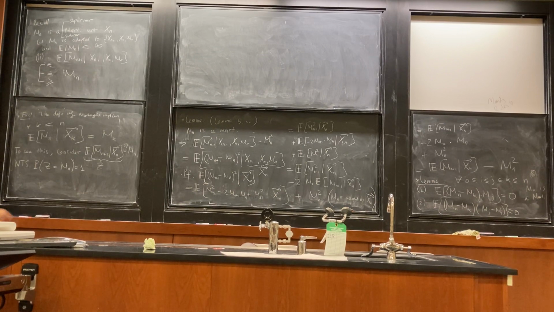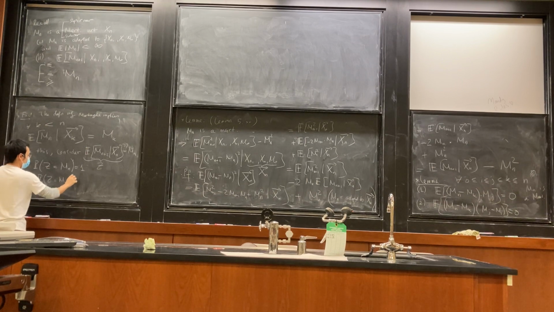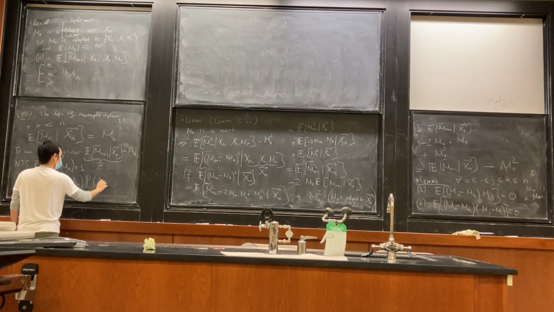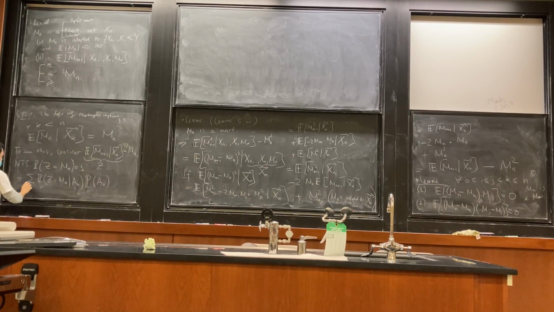And so by the law of probability, this is equal to the probability of Z, being Mn, conditioned on AB, times the probability of AB, summed over AB. So what is AB?